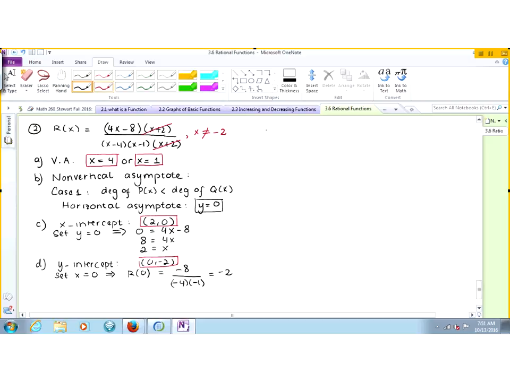Good. Now, what is part E? This is the one that I always put a star on. What was part E? Yes. So determine if the graph intersects the non-vertical asymptote. Okay, so do they? How do I determine?